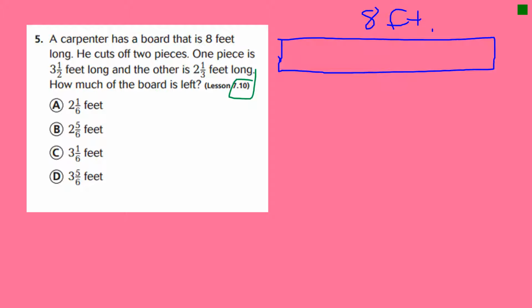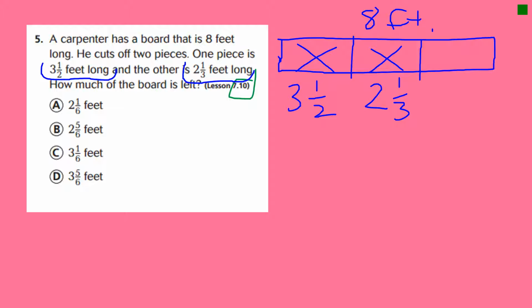So one piece is 3.5 feet that he cuts off. And the other is a 2 1/3 piece that he cuts off. Okay, and so the question they're asking is how much of the board is left. So they're asking about this section of the board right here.